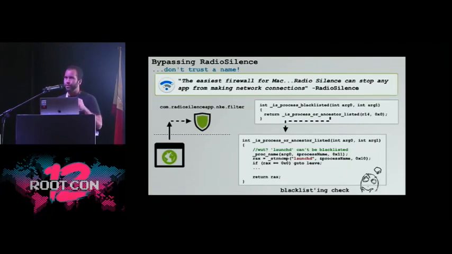The user has to manually go in and blacklist certain applications that they want it to block. So if we look at the disassembly, reverse engineer the kernel extension, we can look at their blacklist logic. And we can see that there is a strcmp where they're checking the name of the process. And it appears that if the name of the process is launchd, that cannot be blacklisted.